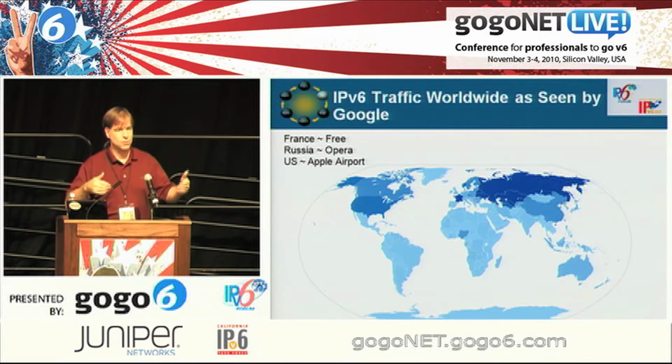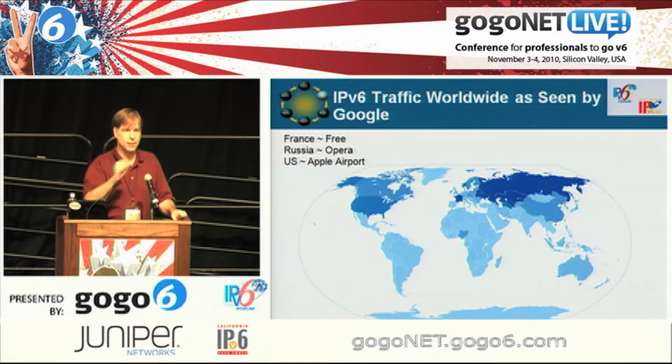It's managed service, and the way it's deployed is functionally no different than 6-to-4, except that the endpoint for the public side of the tunnel is managed by the service provider as opposed to being a public service that everybody goes to. That's really the way it comes down.